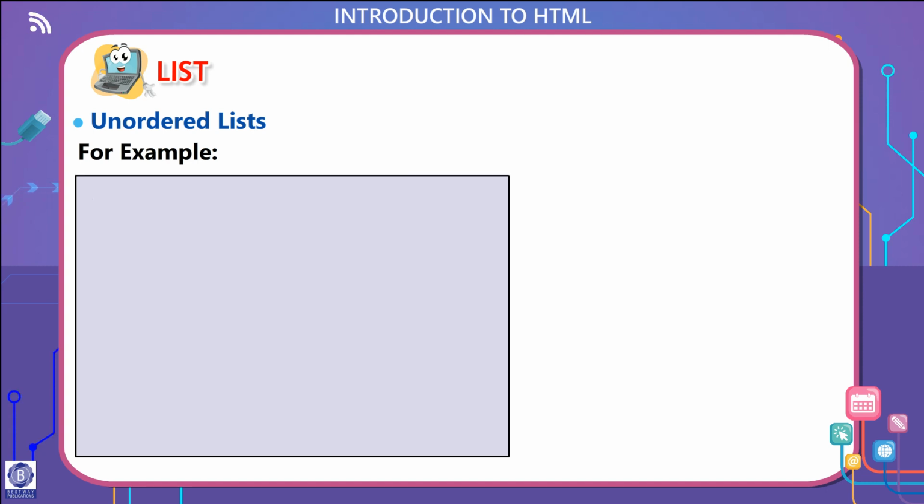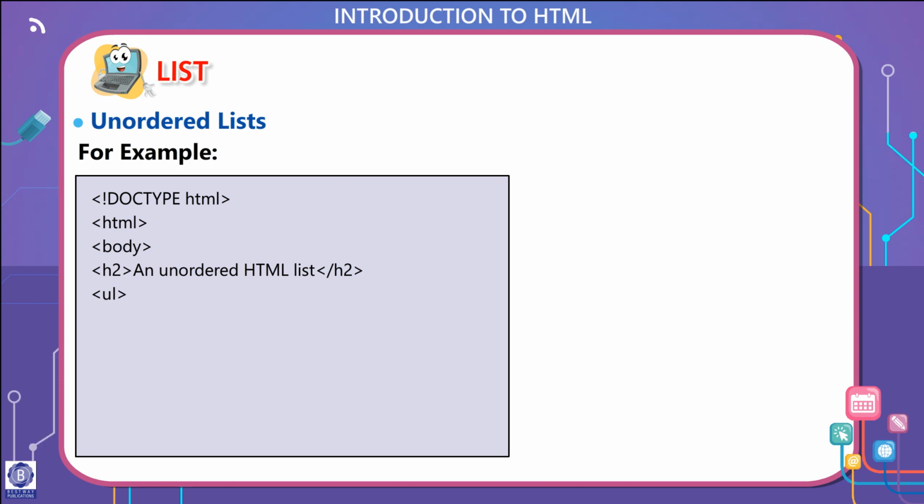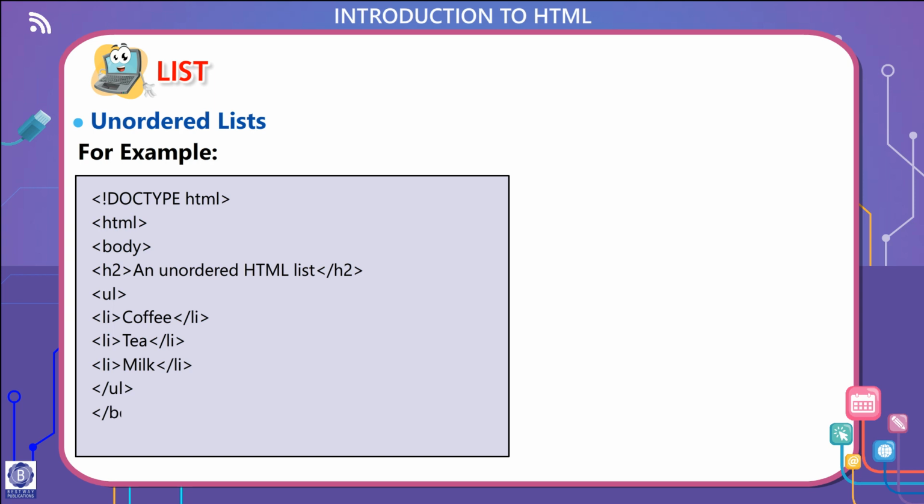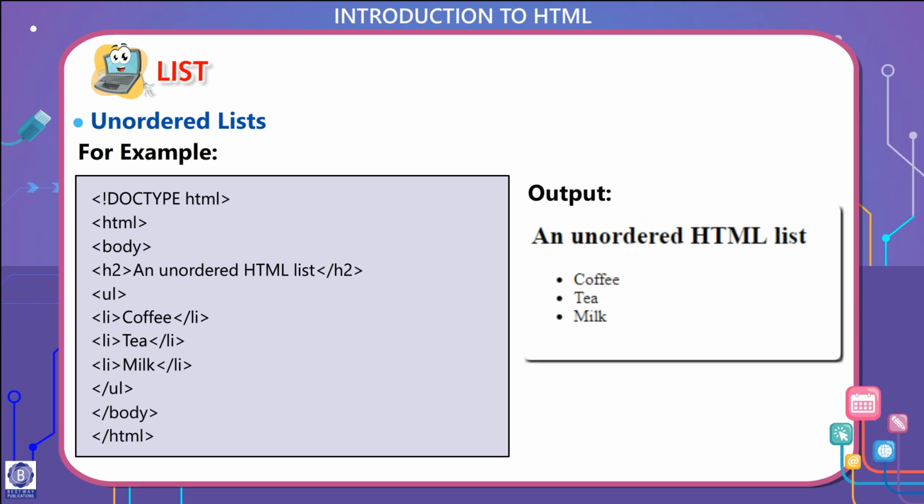For example: doctype HTML, HTML, body, H2, an unordered HTML list, /H2, UL, LI coffee /LI, LI tea /LI, LI milk /LI, /UL, /body, /HTML. Output. An unordered HTML list: coffee, tea, milk.